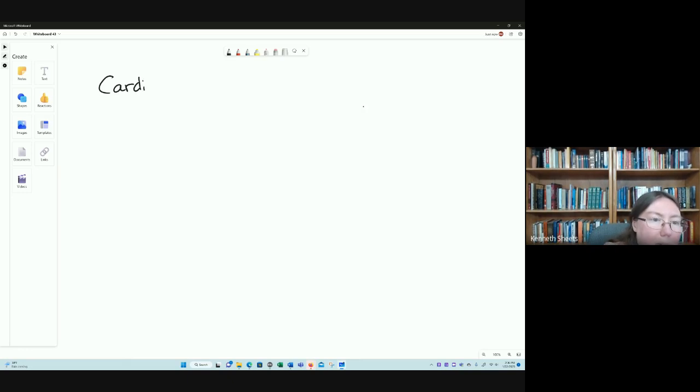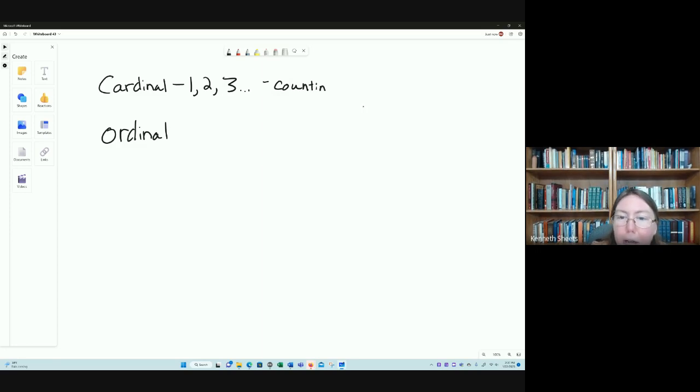These cardinal numbers are like 1, 2, 3, and so forth. So these are going to be the counting numbers. And then we also have the ordinal numbers, which would be, of course, first, second, third, and so forth. And these are numbers that tell us some sort of an order of things.